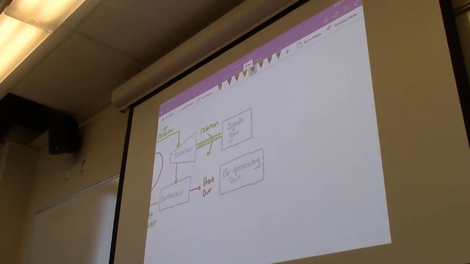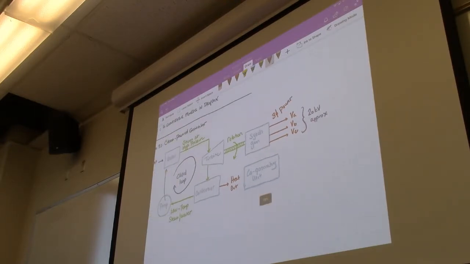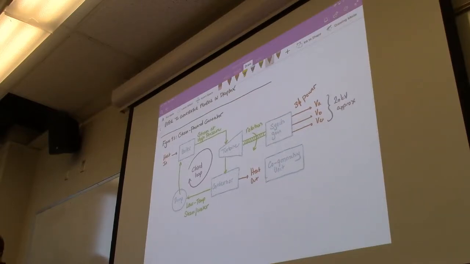And that's going to generate our phase A, phase B, phase C voltages. So that's an idea of how power is generated in a traditional steam unit.